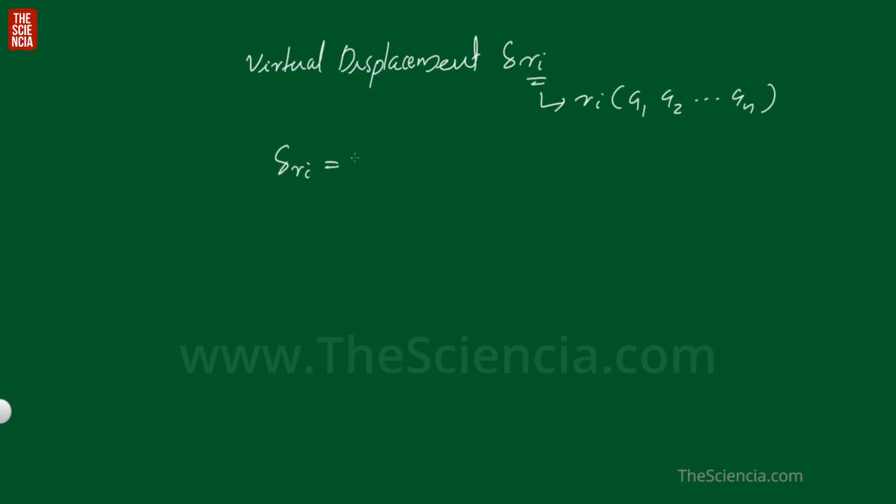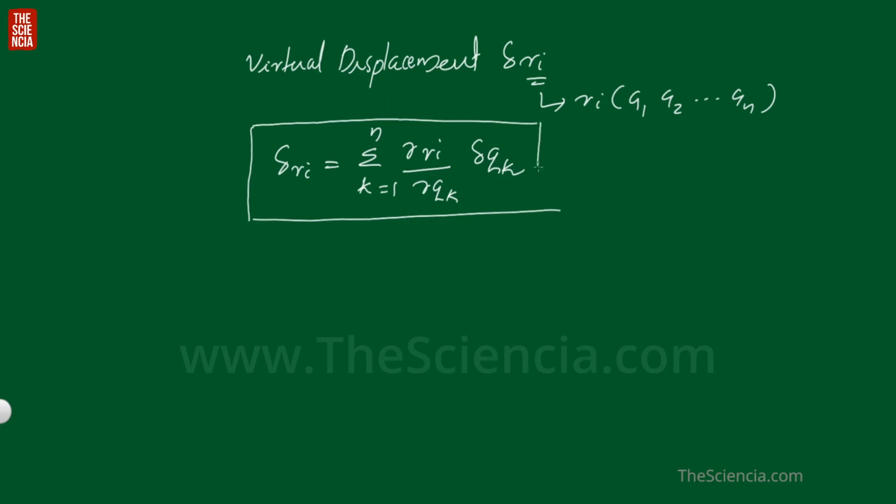It will be equal to summation k equal to 1 to n of dou Ri by dou qk into delta qk. And the important thing is it doesn't depend on time. Okay, so these are the assumptions we are taking. The virtual displacement doesn't depend on time. So the equation for virtual displacement delta Ri will be equal to summation k equal to 1 to n of dou Ri by dou qk delta qk.